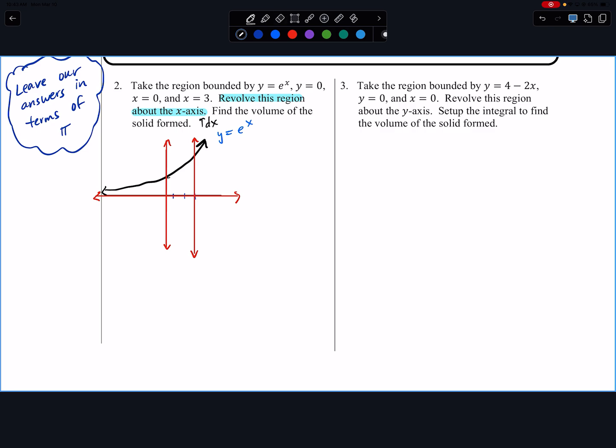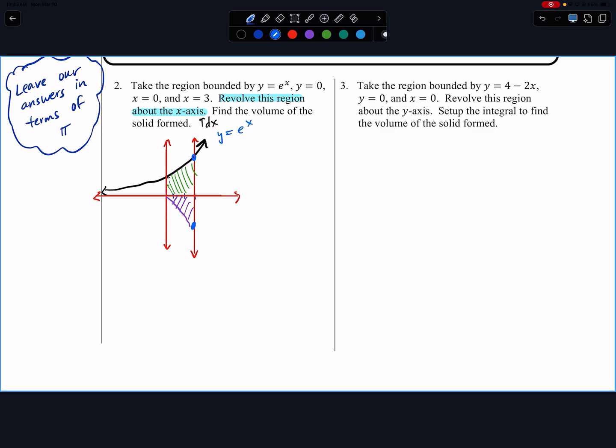So I'm going to sketch something like that right there. This is going to be the bottom part of my solid. This is going to be the upper part of my solid. Now, since we're spinning around the x-axis, between this point and this point is where I'm going to start creating my circular base.